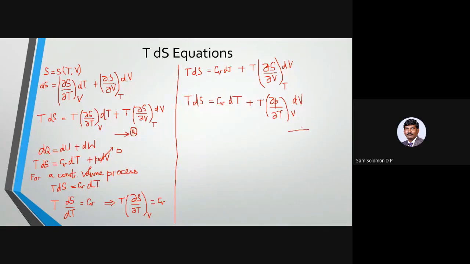And this equation is called the first TdS equation: Cv dT plus T times partial P partial T at constant V into dV.